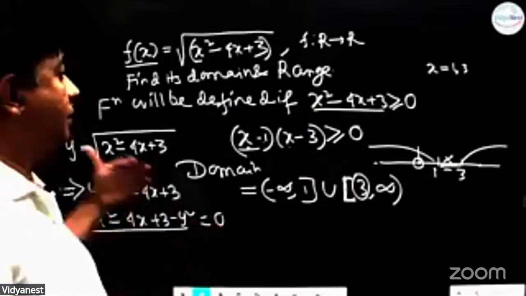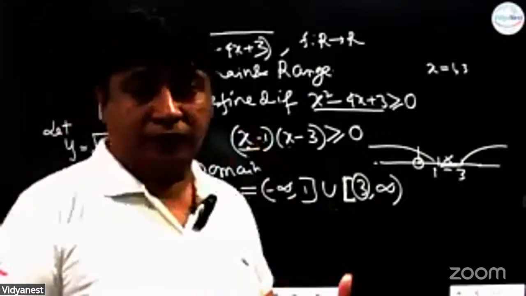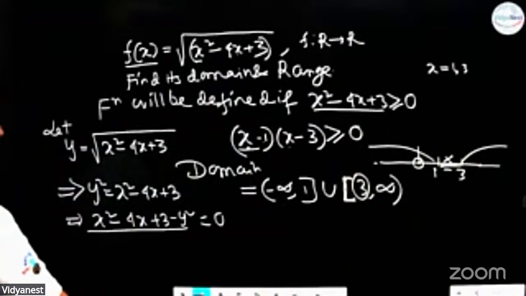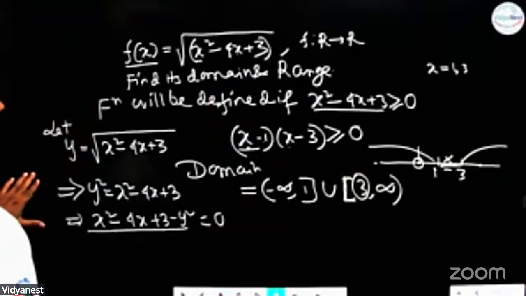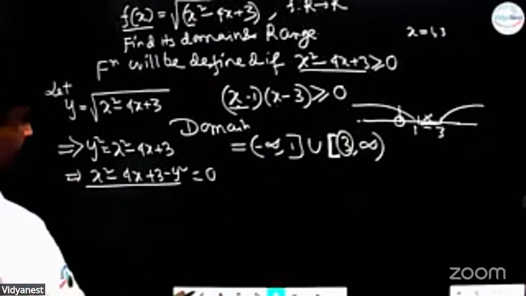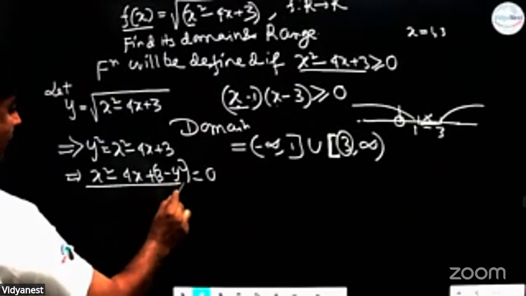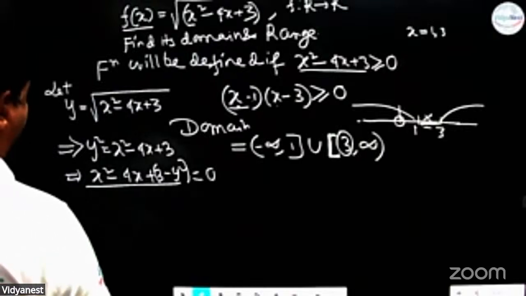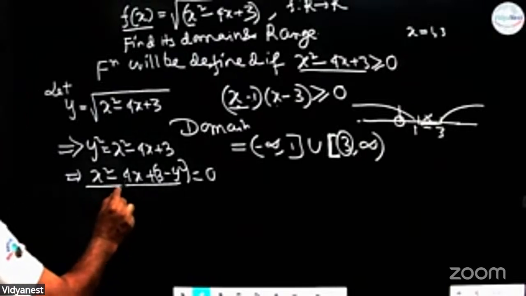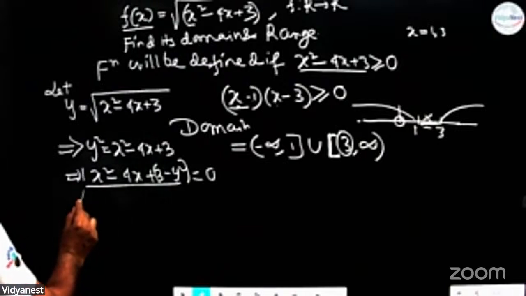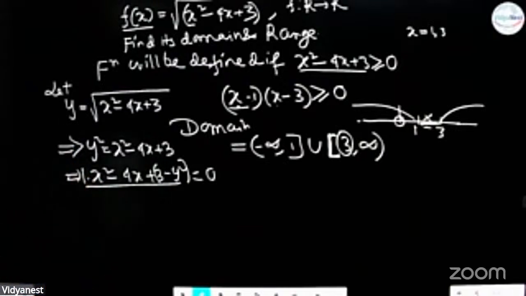And you know, once you get a quadratic of this type, then how to solve? That Sridharacharya's rule, which you were taught in your junior class. See, what is that rule? Here, 3 minus y square will be considered as c. Minus 4 will be considered as b. And 1 is considered as a.